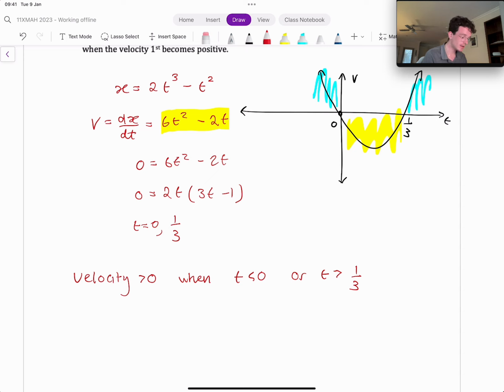So therefore, as t must be greater than 0, t is greater than 1/3. That's our answer. In a test, you would just say velocity is greater than 0 when t is greater than 1/3, and in brackets, you must say that's because time can't be negative, or time has to be greater than 0.